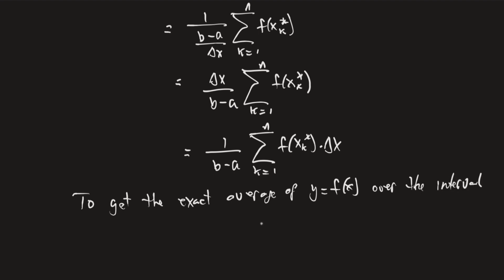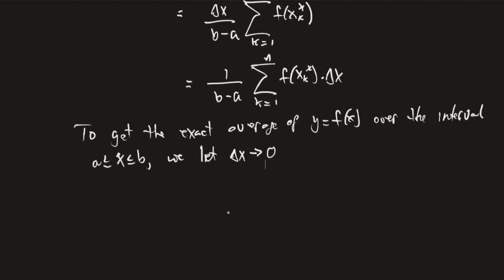That's where we started. So over the interval a to b, we let delta x approach 0. How do we do that? By a limit. So therefore, the y-average now is exactly equal to the limit of this.